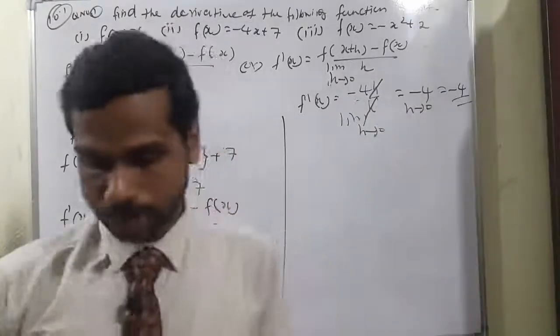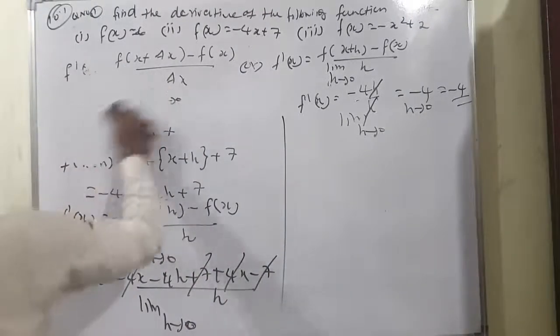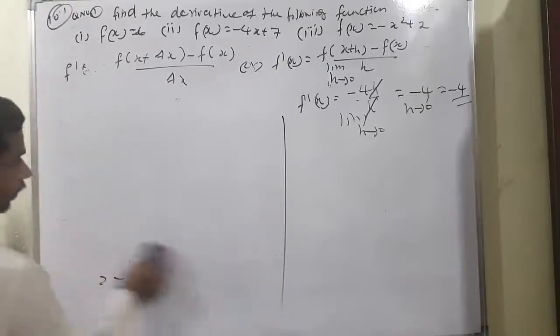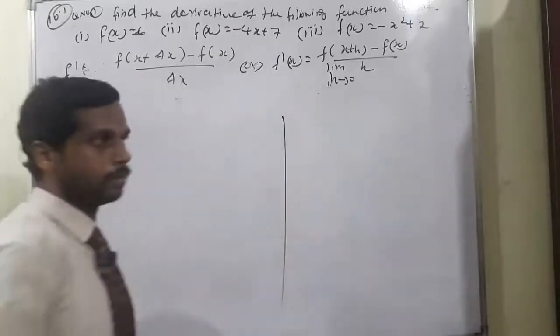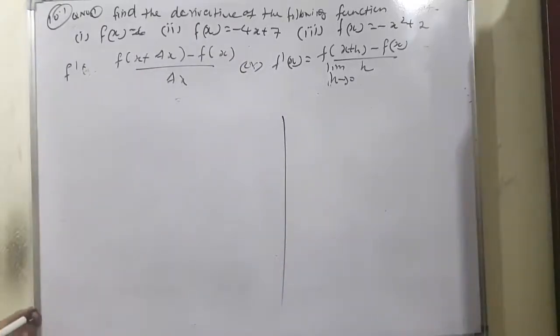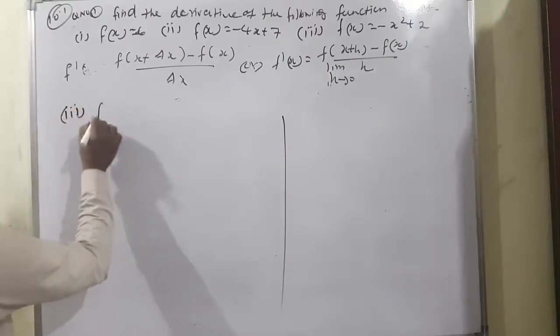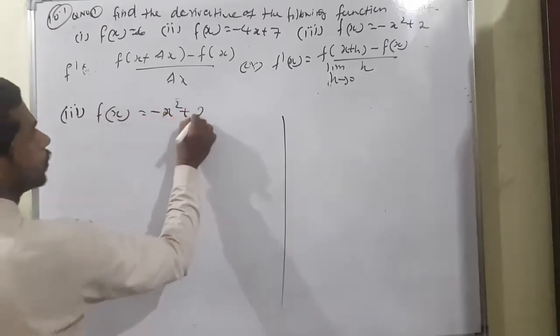Okay, I am moving to subdivision 3. Question: f of x is equal to minus x square plus 2.